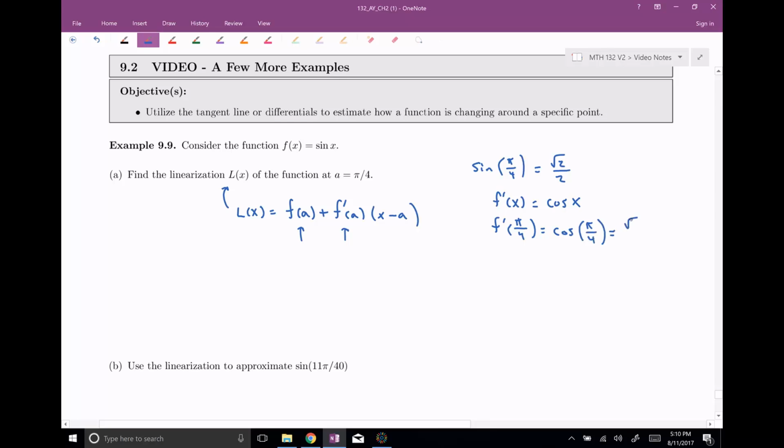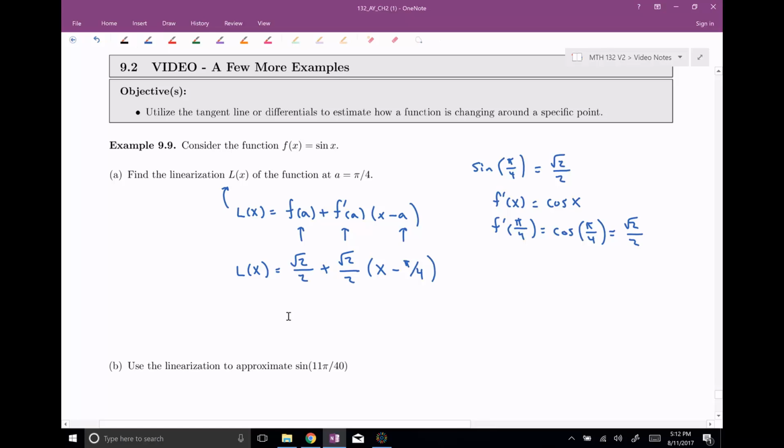And that will give me, again, root 2 over 2. How boring, right? And of course, a I already know. So let's go ahead and assemble these pieces. And we get L of x is equal to f of a, that's root 2 over 2, plus f prime of a, that was also root 2 over 2, times x minus a, so x minus pi over 4.